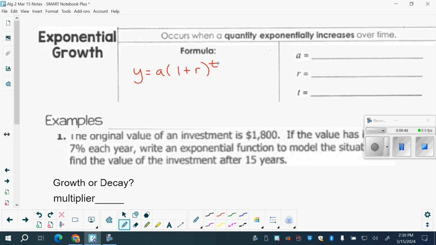So our a is the initial amount, the starting amount, the r is the rate of growth, and your t is time.